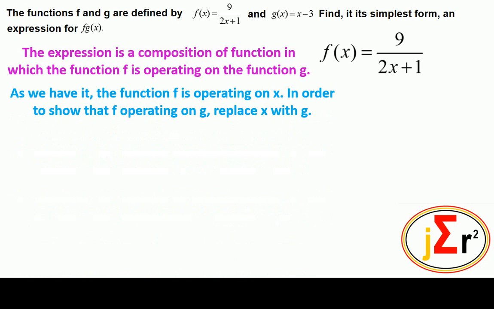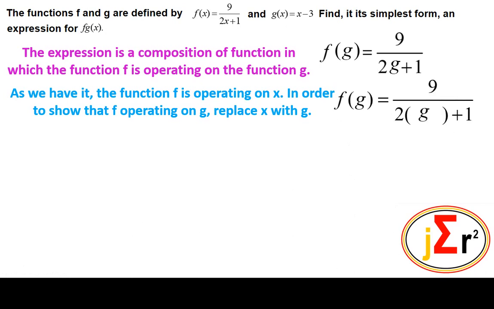Therefore, where we see x, we will replace that with g. Therefore, we have in the header right here that f is operating on g, and also x is replaced with g in the algebraic representation of the function.